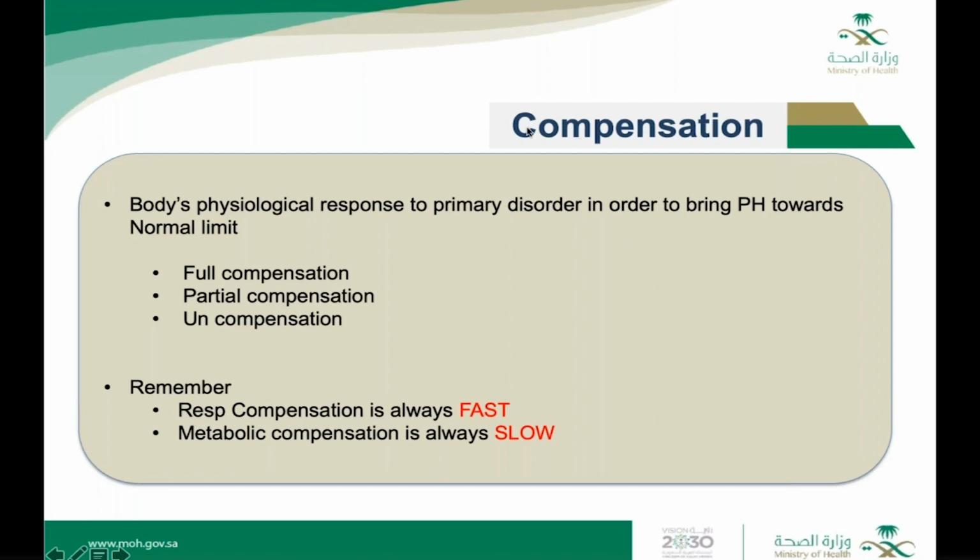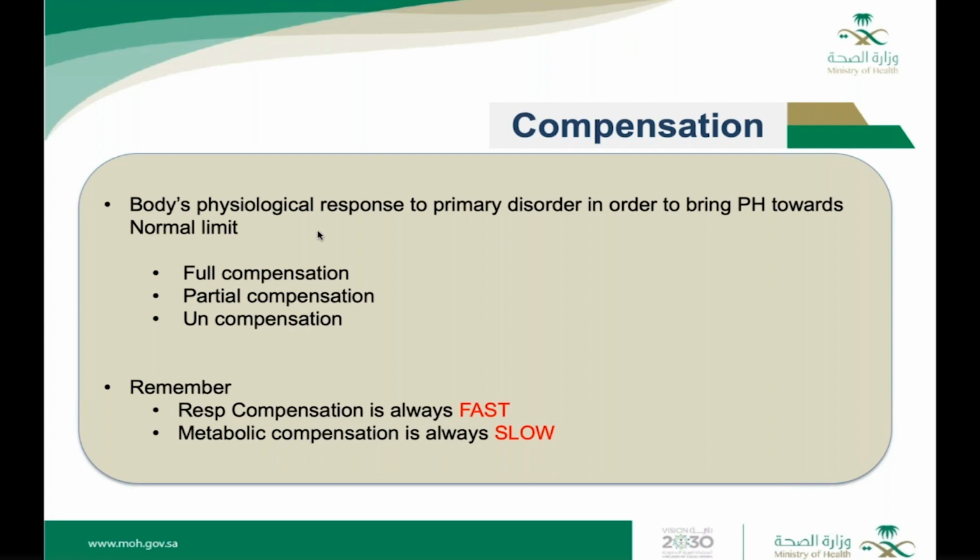So in the compensation, or how can we get the pH to the normal value, we have three categories: full compensation, partial compensation, and uncompensation. If the cause is metabolic, the compensation comes from the CO2, or the respiratory side.